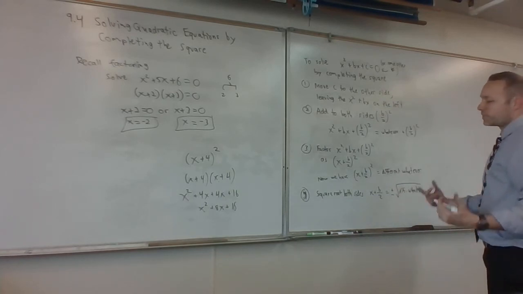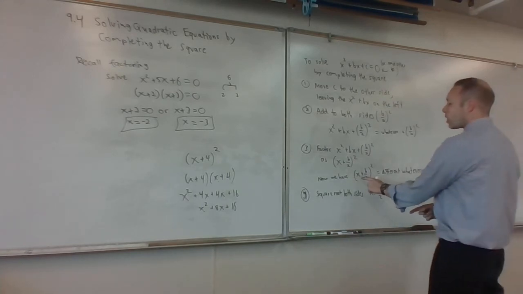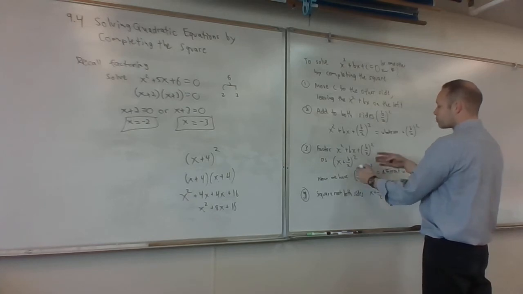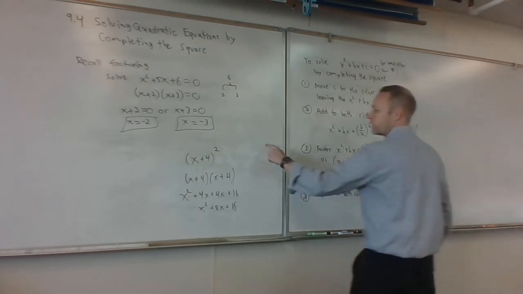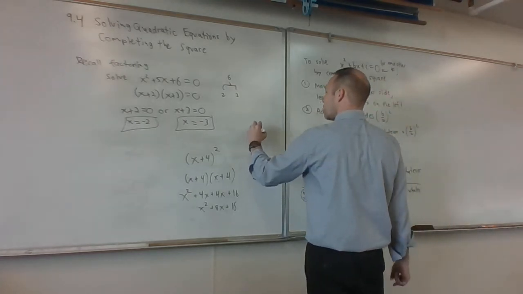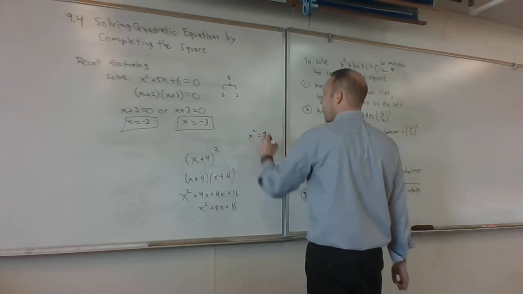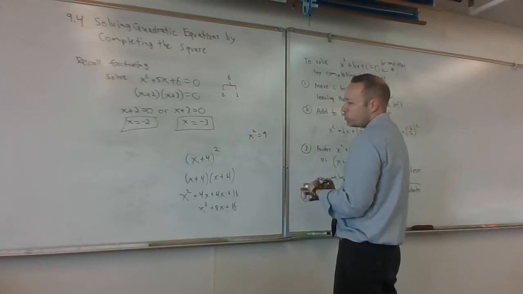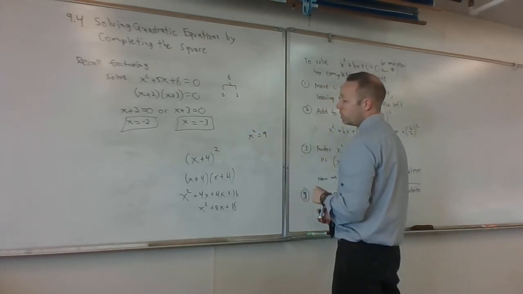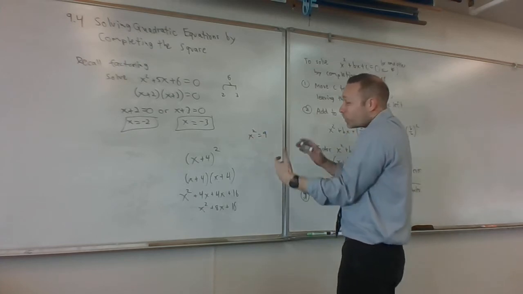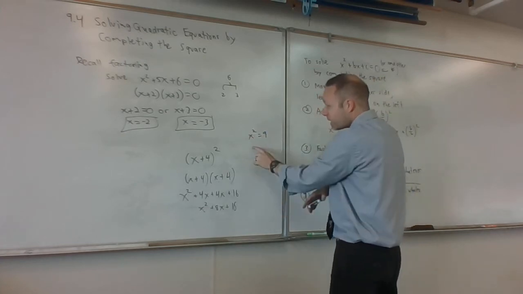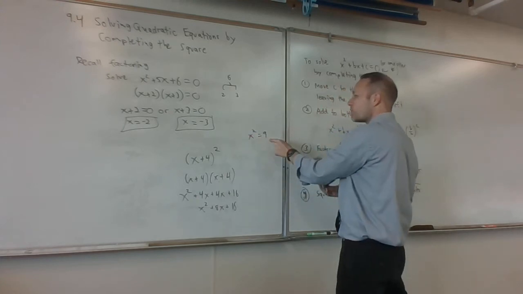Plus or minus, because anytime you started with a variable being squared and you're trying to get that variable, let's just try it. If you started with x squared equals 9, what could you plug in for x to make this true? Well, we could plug in 3, because 3 squared is 9. But we also could plug in negative 3, because negative 3 squared is also 9.